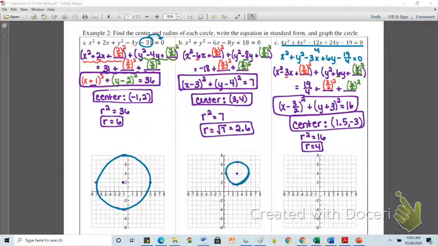So now I'm going to go ahead and plot this. I go to 1.5, -3. And then I am going to go 4 every direction.